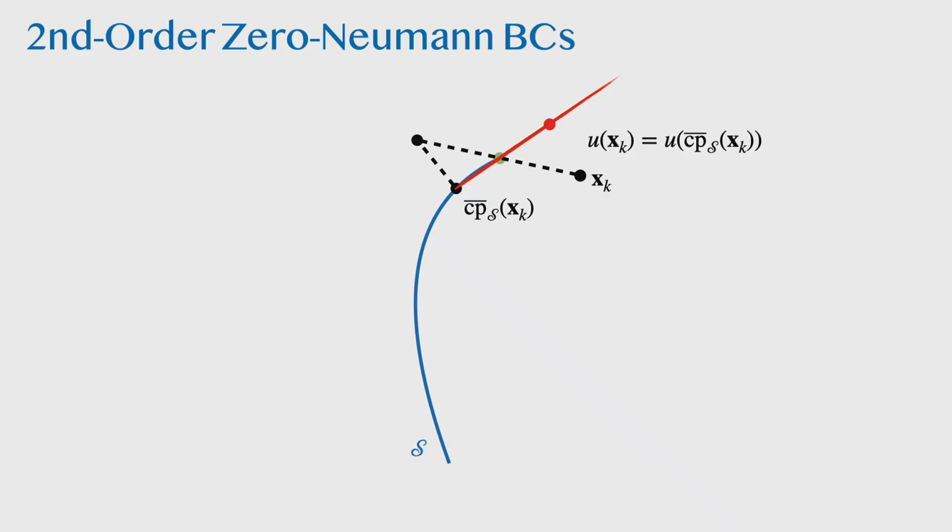Then the actual closest point on this extended manifold for xk would be this red point, and CP bar is the point reflected, an approximate mirror location reflected through the boundary. And so that's all you need to do is replace CP with CP bar in the boundary set, and then you'll get second order zero Neumann boundary conditions.